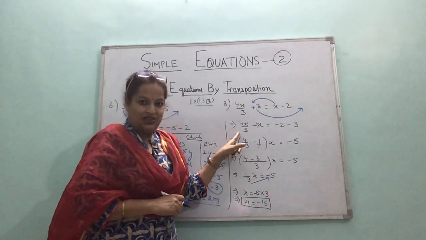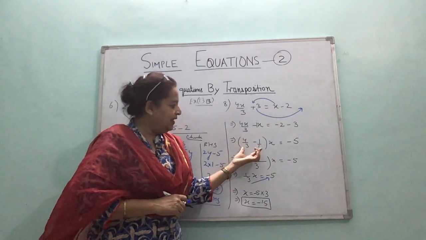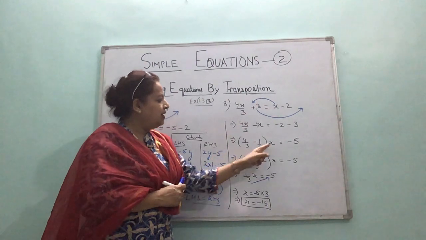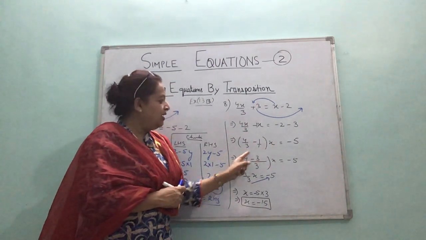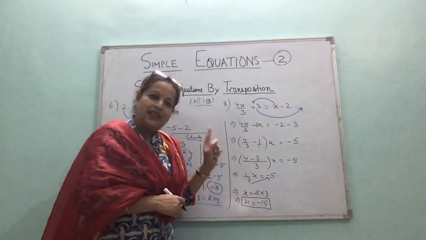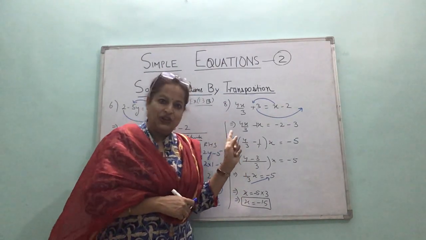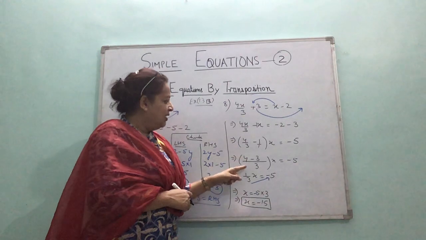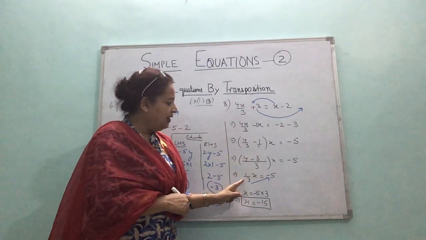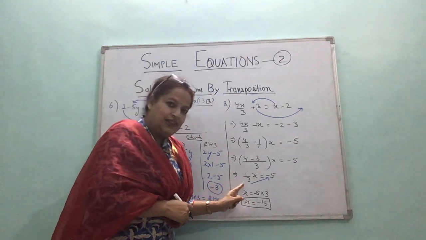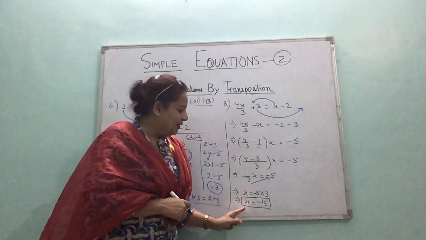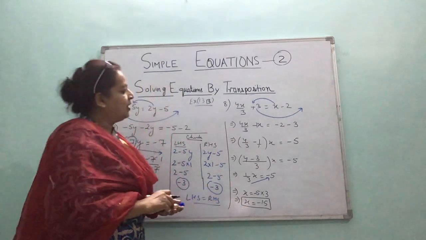Now here was a fraction. So to make it easier, I have put it in brackets, and put x outside, so that taking LCM and all will be easier for you. This is the same way I have taught in my addition of algebraic expressions. So divide LCM 3, 4 minus 3, 1 by 3. Now when it is dividing, cross multiply, it should multiply. You get minus 15. Now let's check.